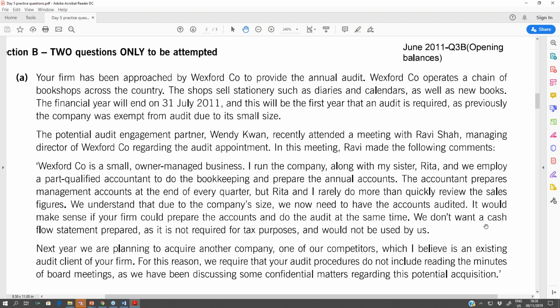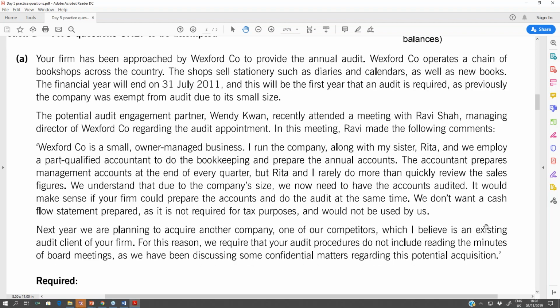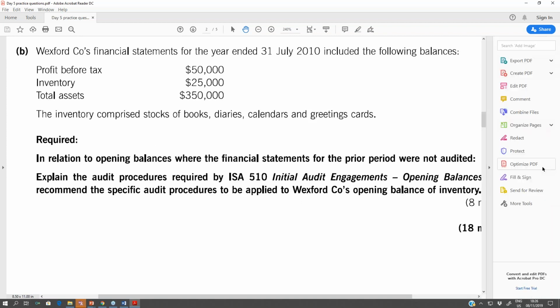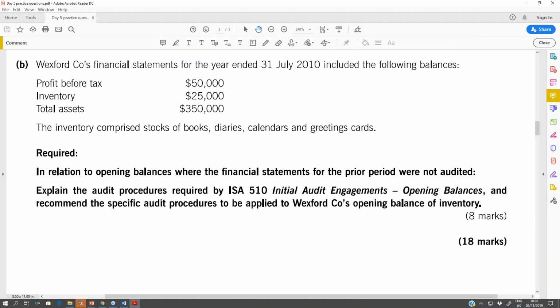When you read the requirement of the B part, it is testing the opening balances, and that is the only situation in the past papers where opening balances have been specifically asked for.